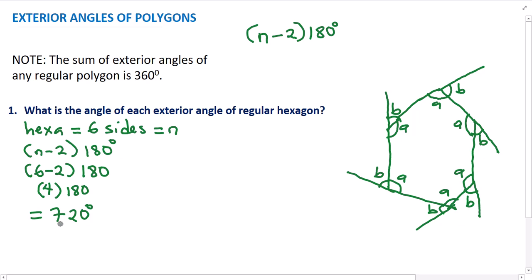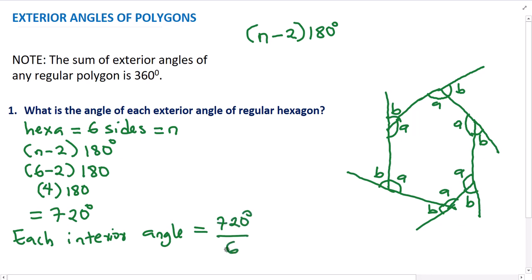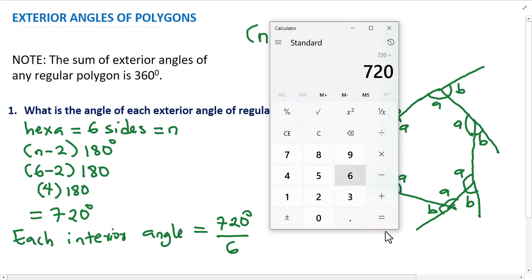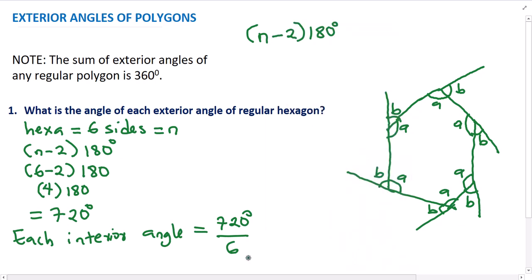Now for us to find each interior angle, each interior angle is equal to 720 degrees divided by 6, the number of sides. Obviously that is going to give us each interior angle. So let's do that. 720 divided by 6 is 120. So we got 120 degrees.